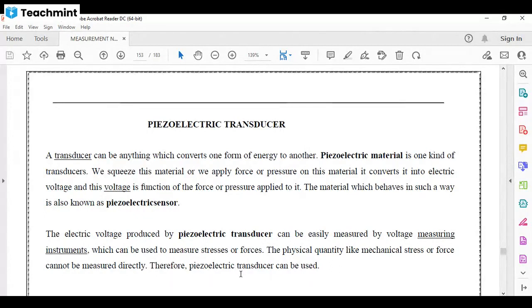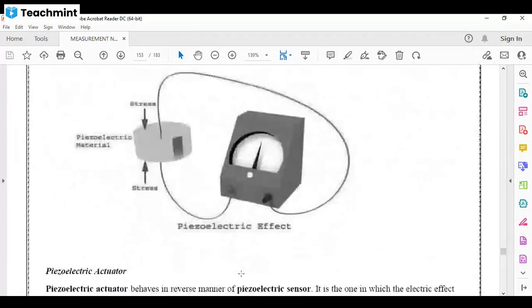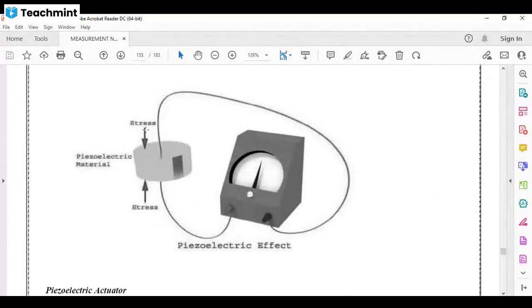This is the piezoelectric effect. Here stress is applied on this piezoelectric material, and a meter is connected, from where we can read the voltage produced by the piezoelectric material when the stress or force is applied.